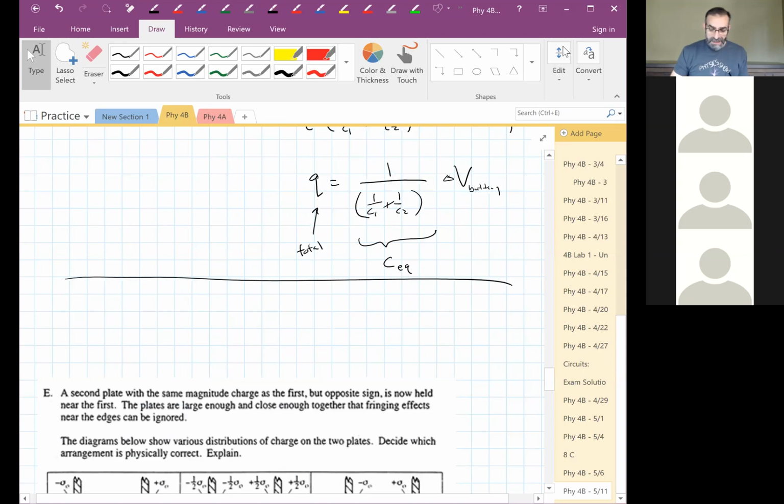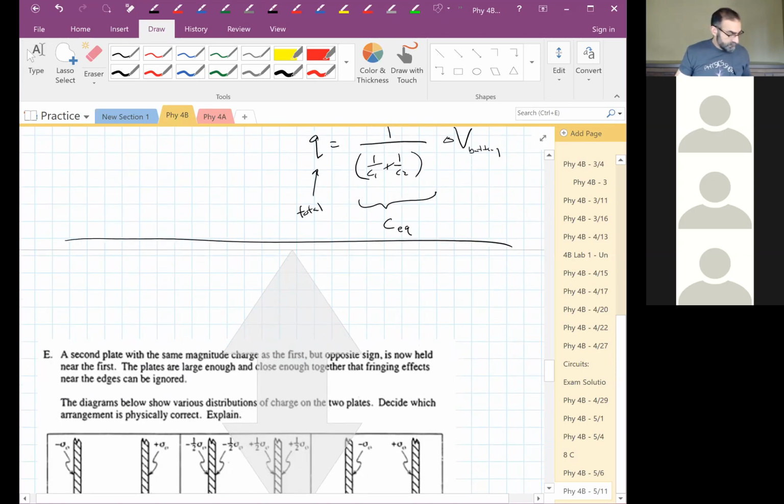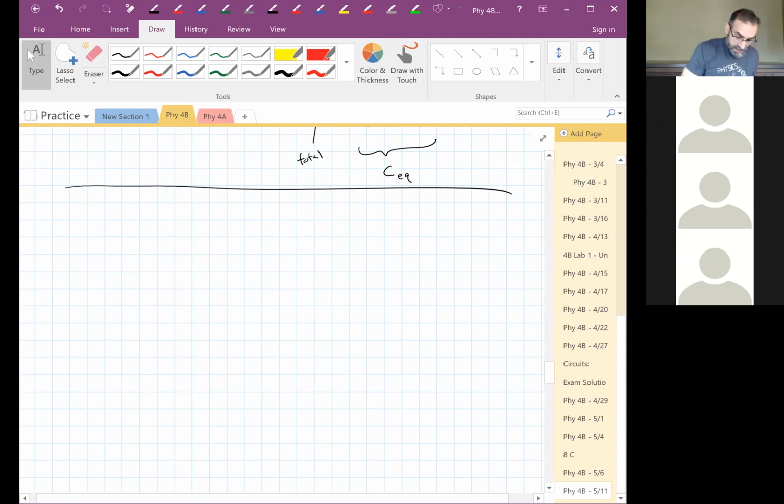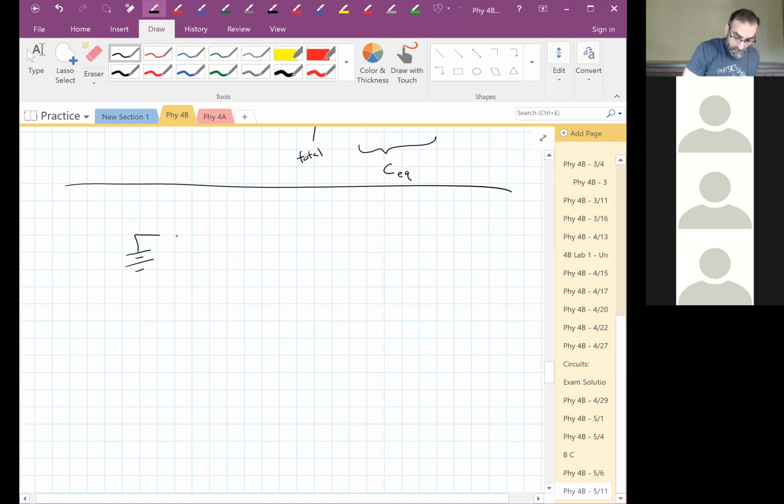Okay, let's take a look at a few examples here. Got a battery, capacitor. Make it C and 2C. Tell me the equivalent capacitance.